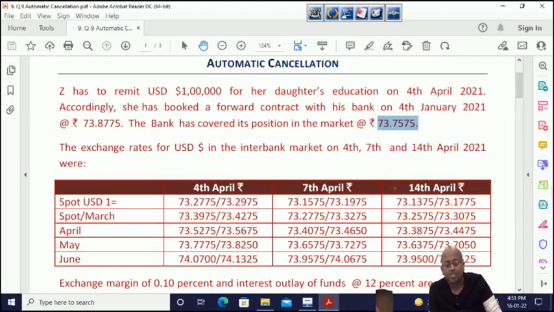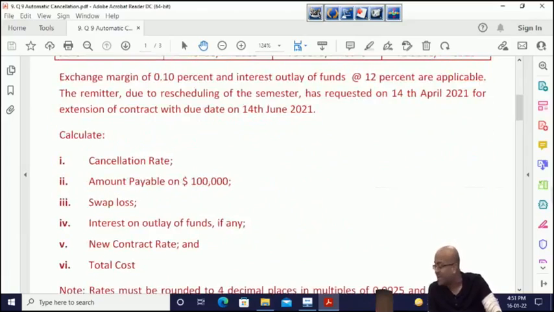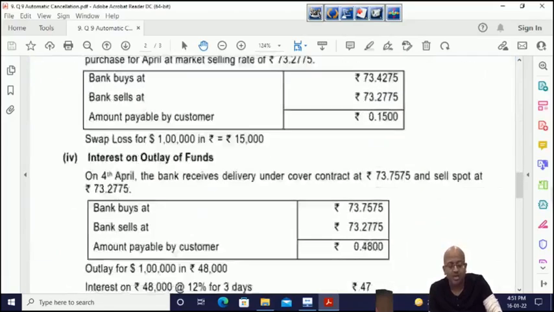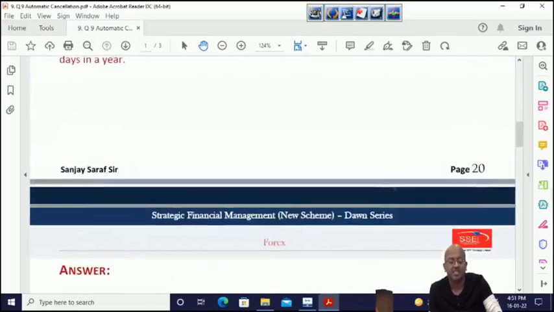And SBI sold spot as part of the swap to HDFC Bank at 73.2775. So 73.7575 minus 73.2775, the whole into 1 lakh, is the net outflow for SBI. The net outflow is coming to 48,000. We have to calculate interest on that at 12% for 3 days.